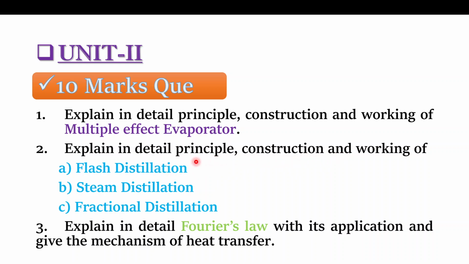Similarly, the principle, construction and working of steam distillation. Similarly, explain in detail principle, construction and working of fractional distillation. So these three distillations are important. So prepare this distillation topic, flash, steam and fractional distillation. Mainly this flash distillation is asked repeatedly. So steam and fractional is also important.